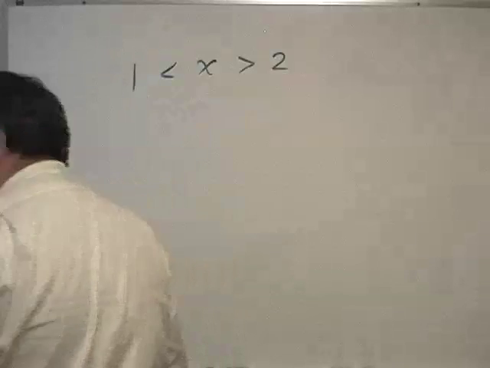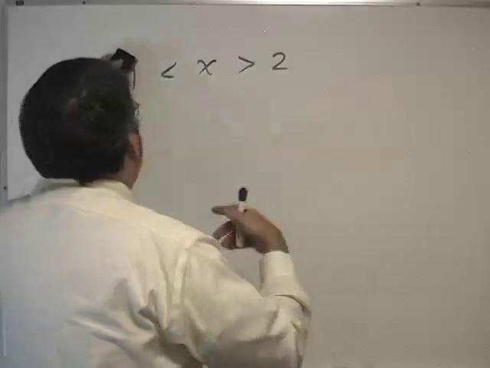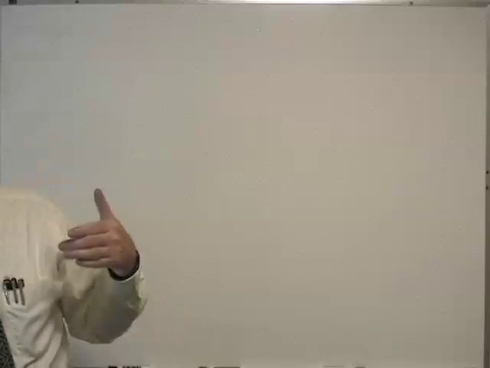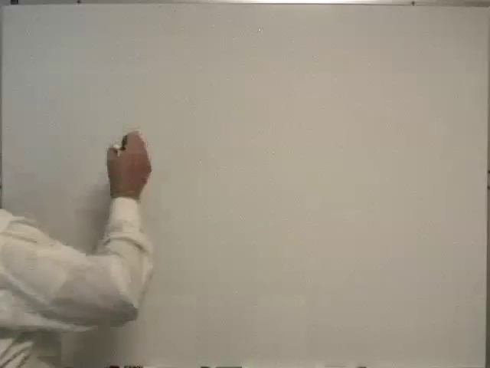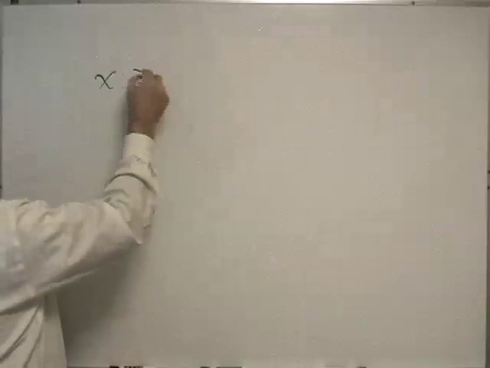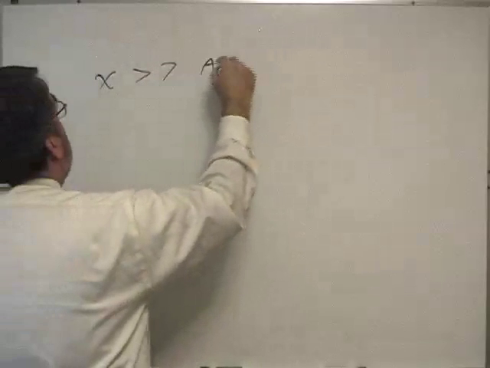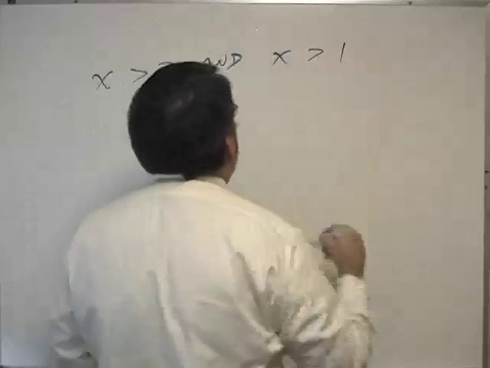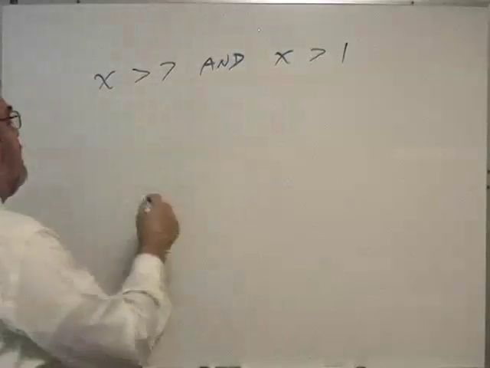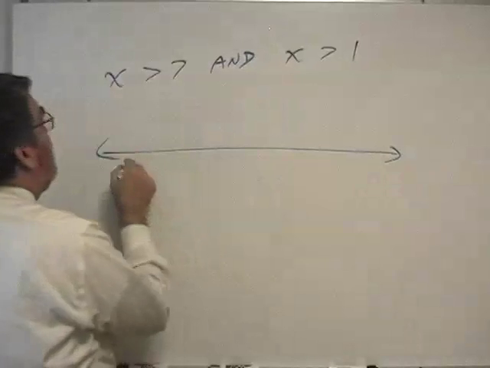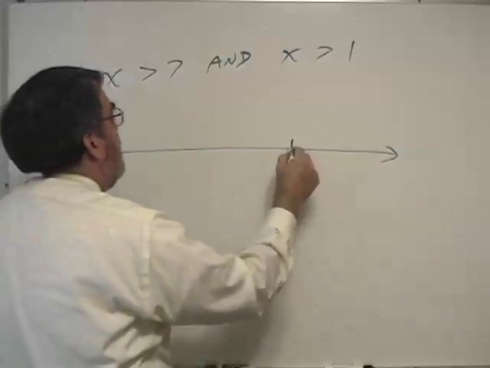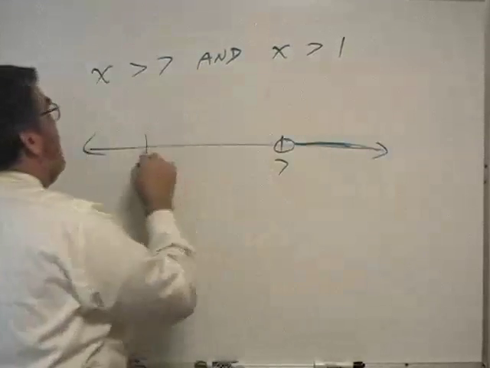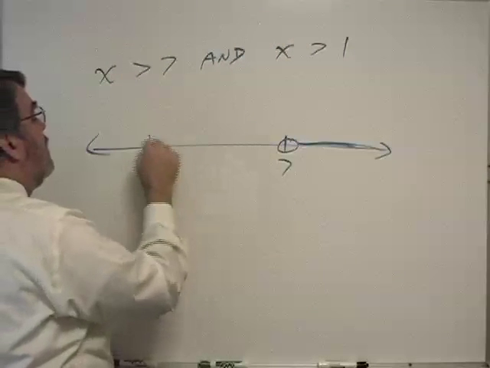So be careful about those. We can devise some funny, I call them funny not in the sense of humorous, but kind of quirky inequalities. For example, if you said that x is greater than 7 and x is greater than 1, what would that mean? Well, this is all the numbers that are both to the right of 7 and to the right of 1.